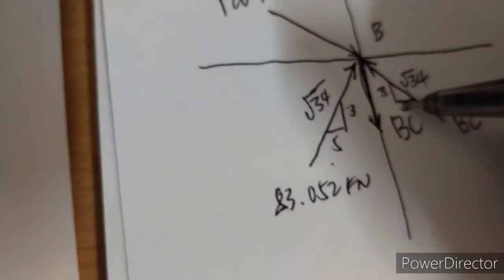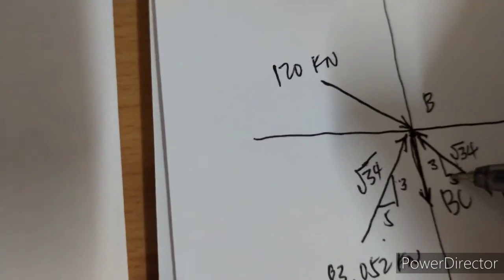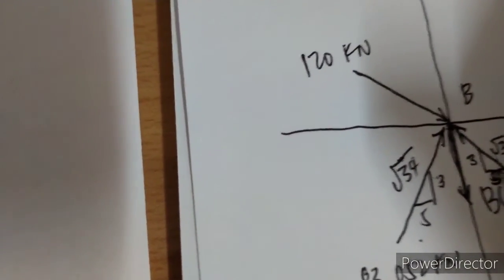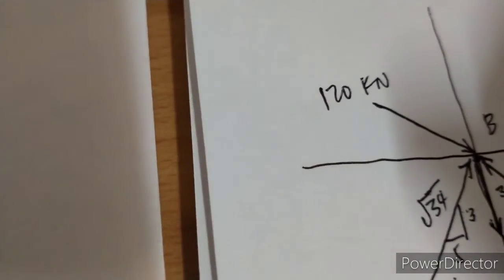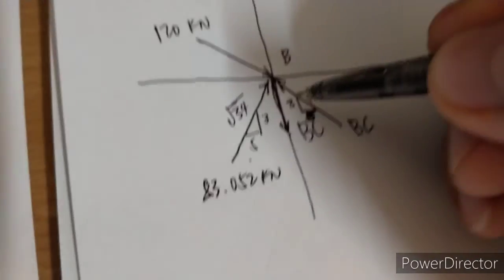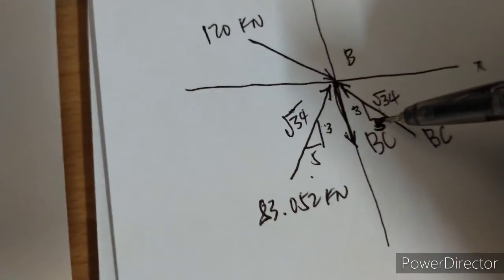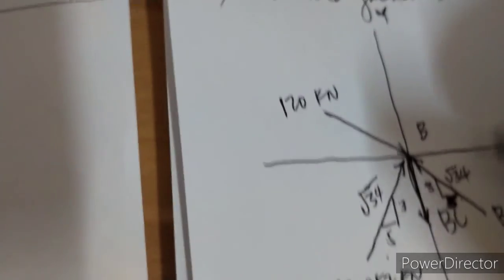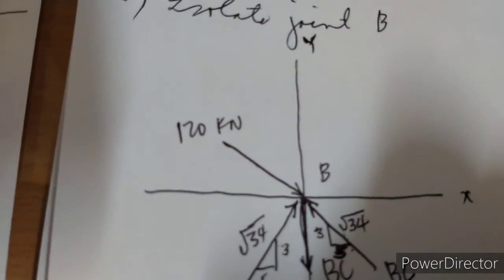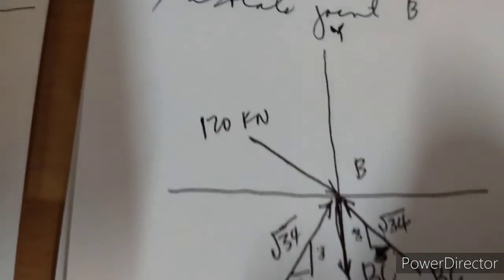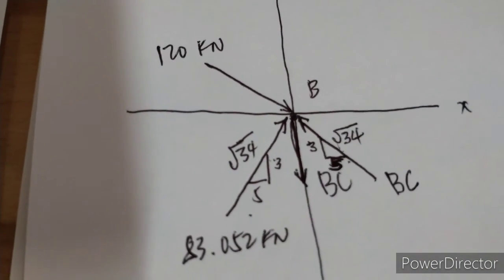So this is 5, this is 3, this is square root of 34. Okay, so we now have a complete FBD, free body diagram of joint B.